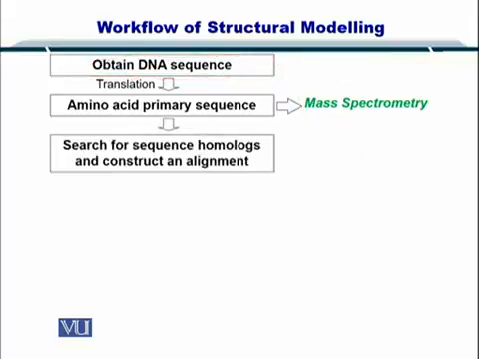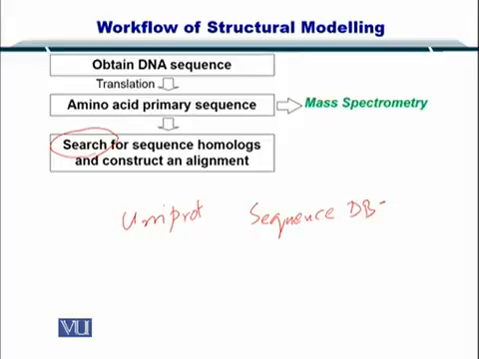Now, since you have the sequence with you for your protein, you can search for other proteins in the databases such as UniProt. So UniProt is a sequence database, or SwissProt, which is also a sequence database. So you can search for your protein within these databases to find other proteins, and those proteins should have a similar sequence.